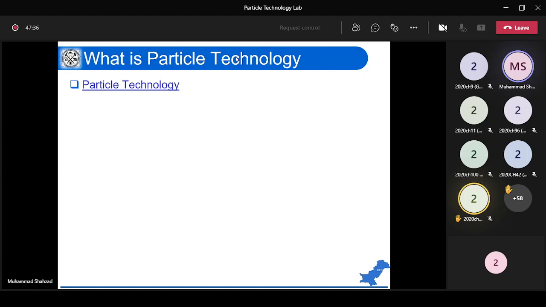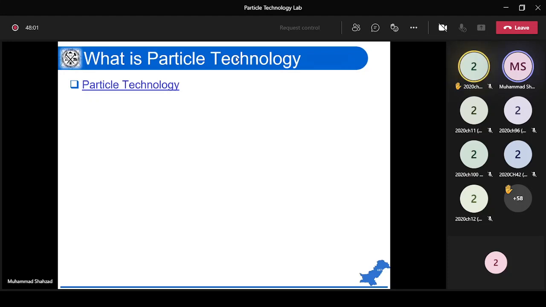Row number 39. Please go ahead. 39. You are up. Technology related to particles and powders. Handling of particles and powders.